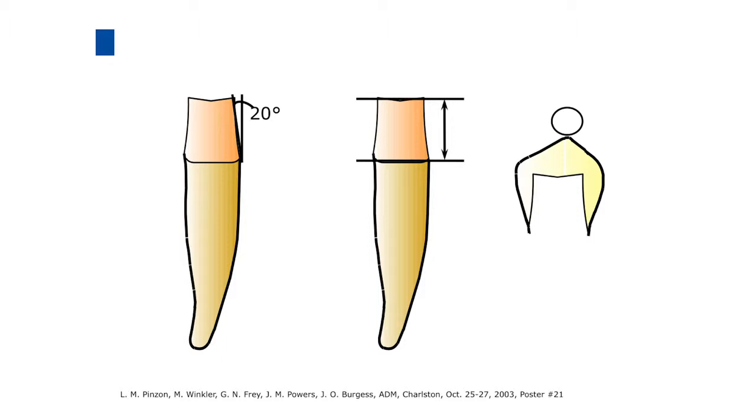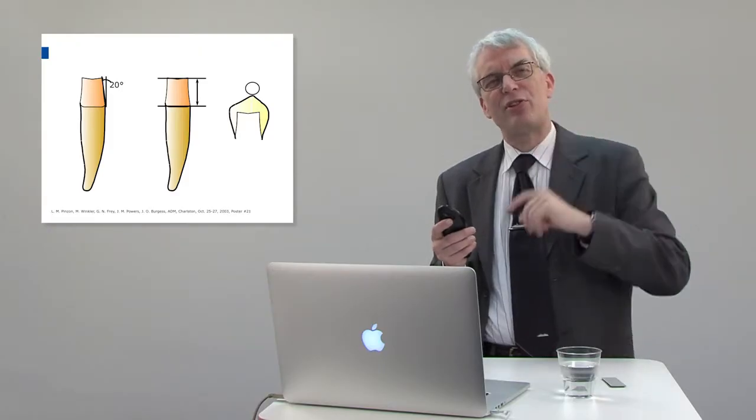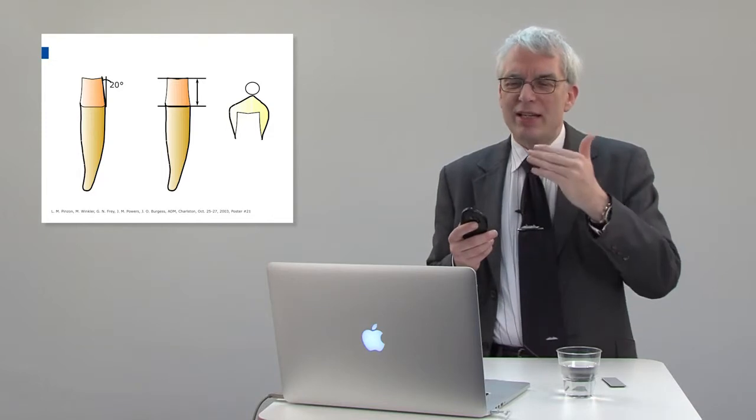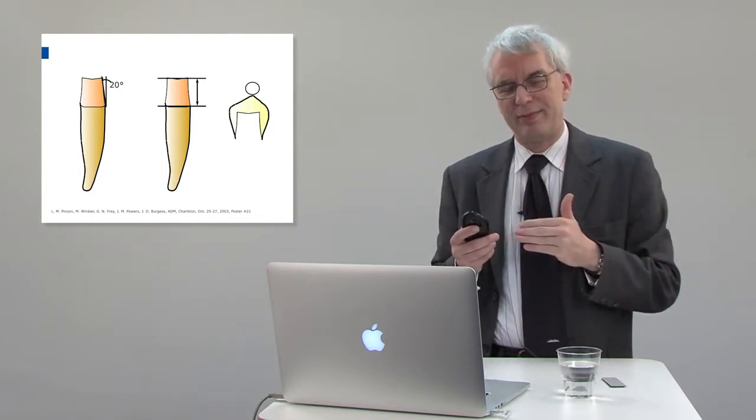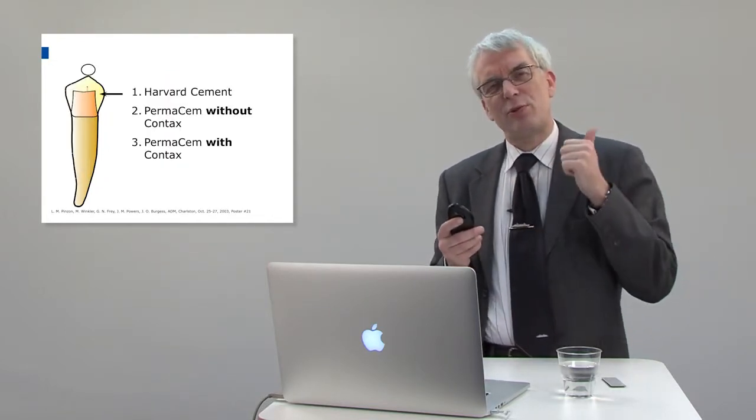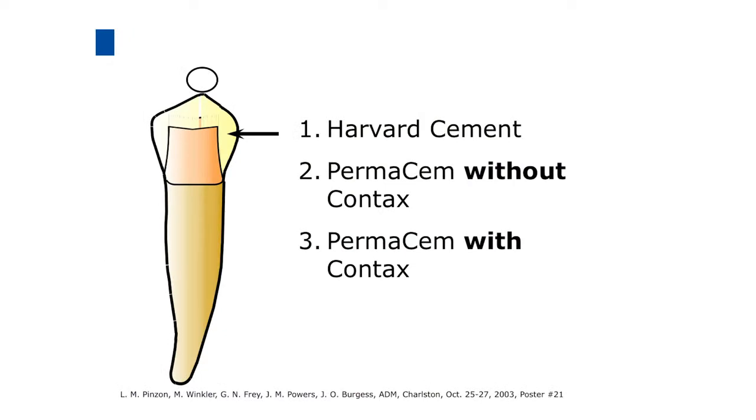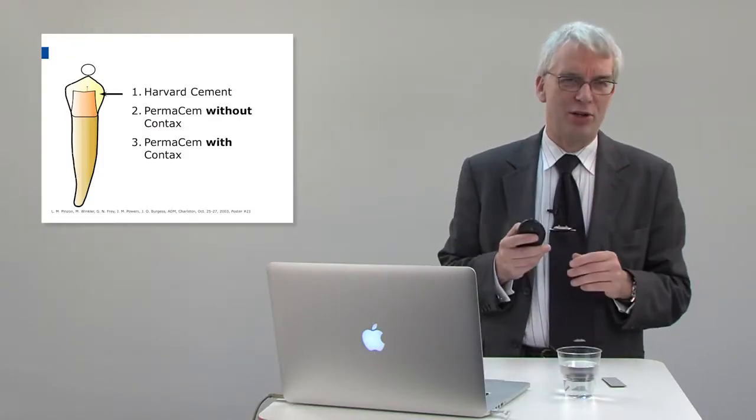So same length for the abutment, same surface, and that wasn't easy, but we did it and we put crowns on top of it. And we cemented the crowns, first of all, with Harvard cement, then with PermaCem without a bonding agent, in this case without contacts, and in the last case, PermaCem with contacts.